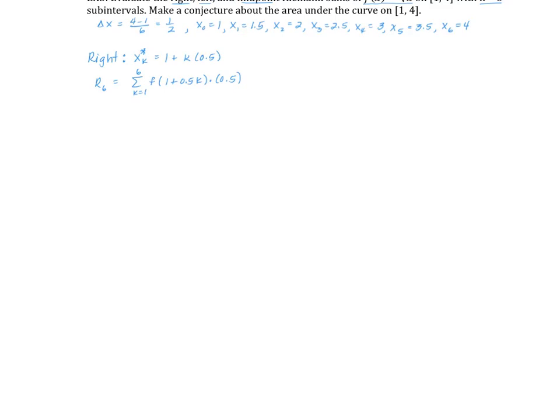Now, because the 0.5 is a constant, I can go ahead and pull that out, and then I'm going to multiply it by this sum here. I start with k equals 1. So this is going to be f of, when k is equal to 1, 1.5.